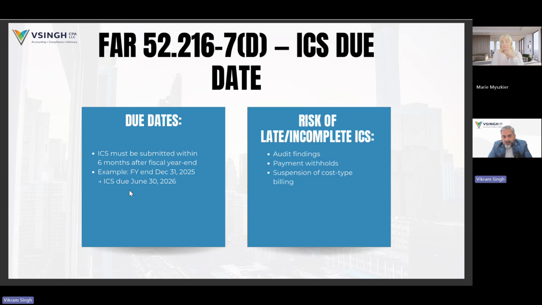Otherwise you're running the risk of stopping your payments, right? Because your payments are being processed through the government system, Wide Area Workflow, because that's where you're going in and submitting your invoices. They have the right to stop that for any reason they don't feel it's justifiable for you to not submit your incurred cost submission on time.